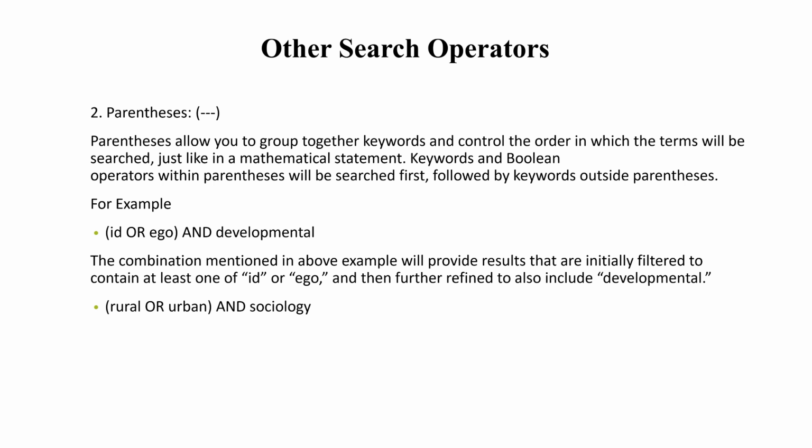Next, very important one: today almost all databases of the world provide you advanced search facilities. While a basic search allows you to limit by material type, an advanced search adds the option to limit by language, by publication date or by publisher.